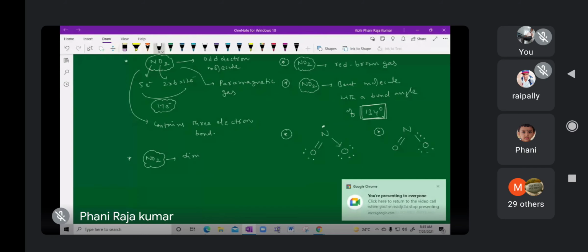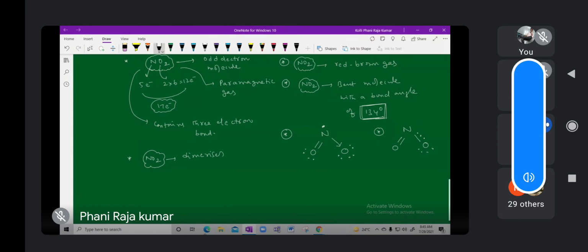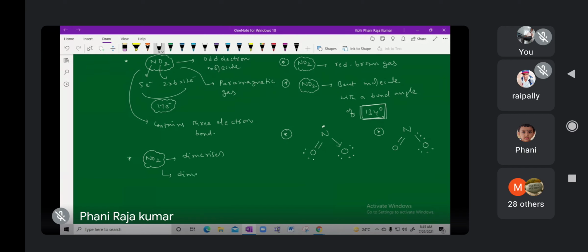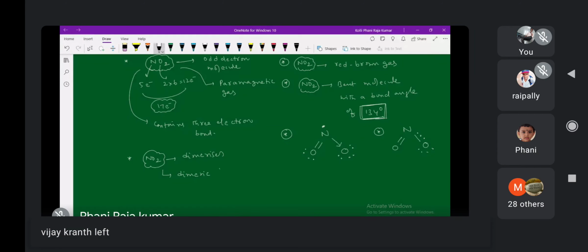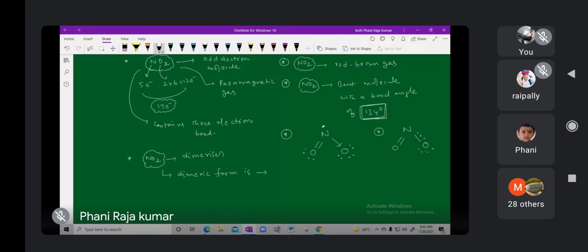This NO2 dimerizes like NO. But the dimeric form, like NO, is diamagnetic, with no odd electron.